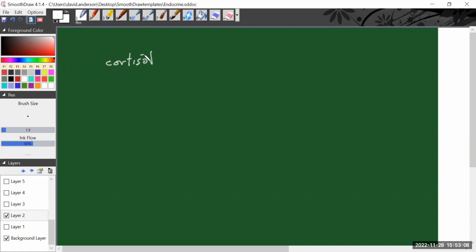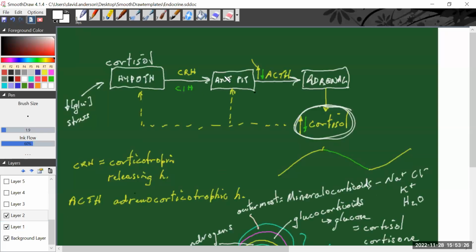So when we look at that pathway between the hypothalamus and the anterior pituitary gland and the adrenal gland, we know that each of the hormones in that pathway, CRH and ACTH and cortisol, all raise blood glucose. Look, our stimulus was low blood glucose. So one of the goals of this system is going to be to raise blood glucose levels.